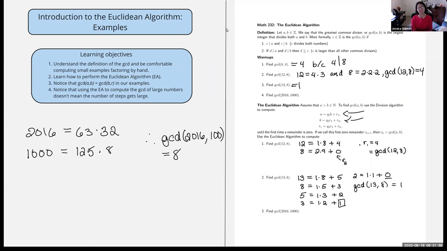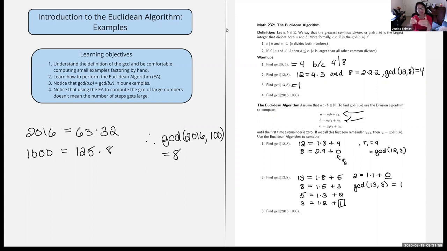But it took kind of a lot of steps. So in this particular situation, the numbers are so small that you may have been able to see that the GCD of 13 and 8 is equal to 1 just in your head. And this is more steps than you would need for something like this. So don't worry.